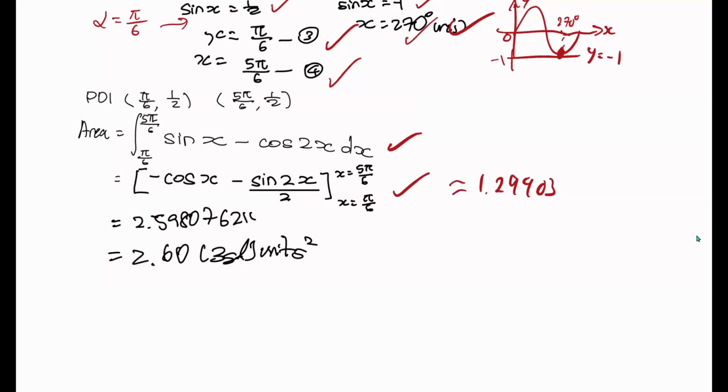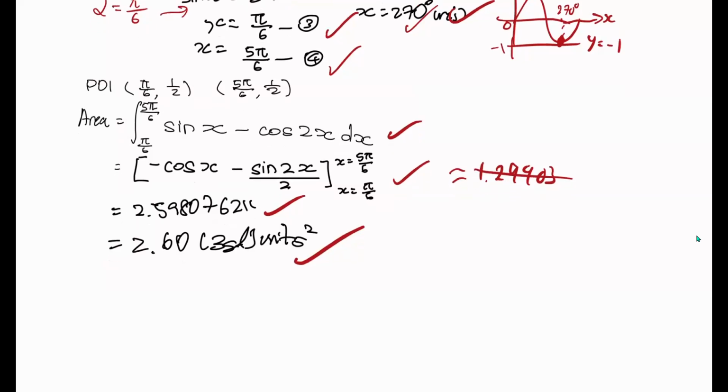Then the second half is subtract away: minus negative cosine of pi over 6 this time, minus sine of 2 times pi over 6, divided by 2. And then I get 2.59807. Yes, correct. Good. To 3 significant figures, it's 2.60.